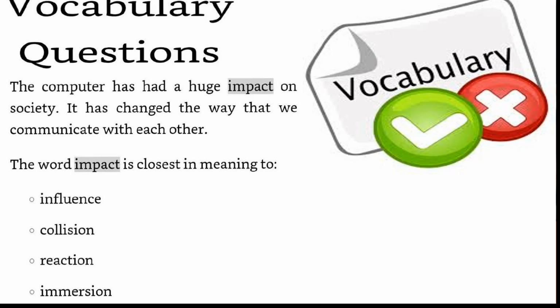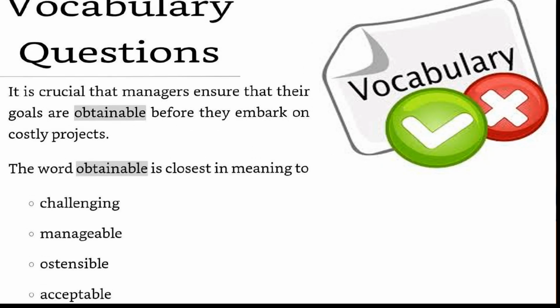The computer has had a huge impact on society. It has changed the way that we communicate with each other. So here it is, the collision. The next one, so you don't need to fall for this trap.